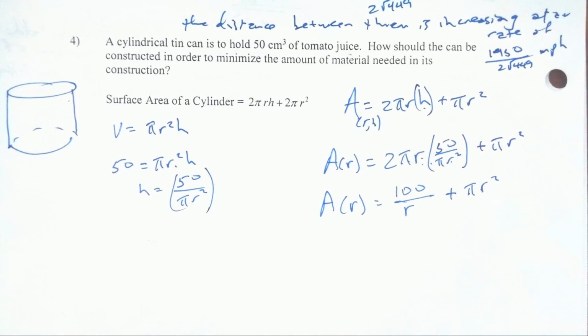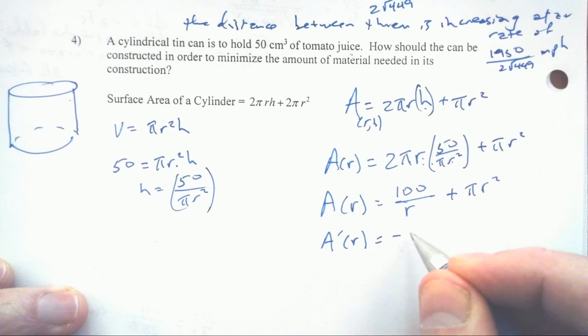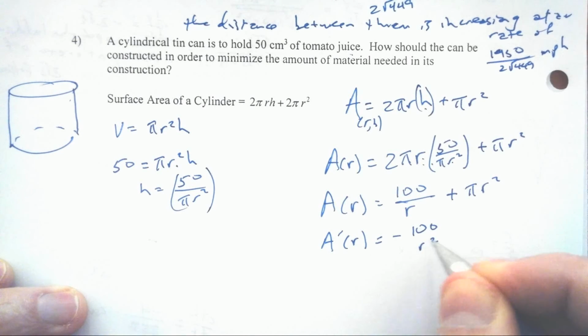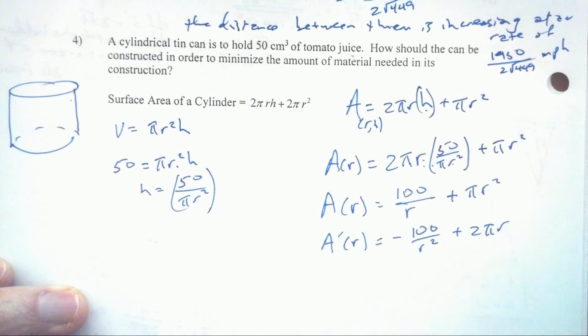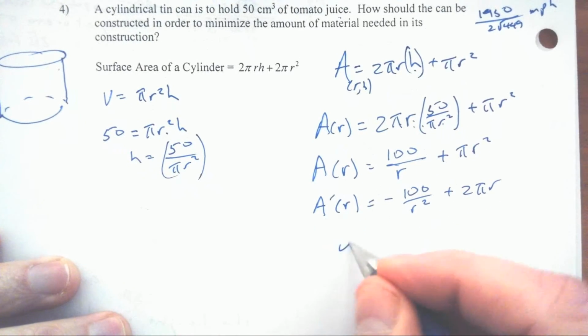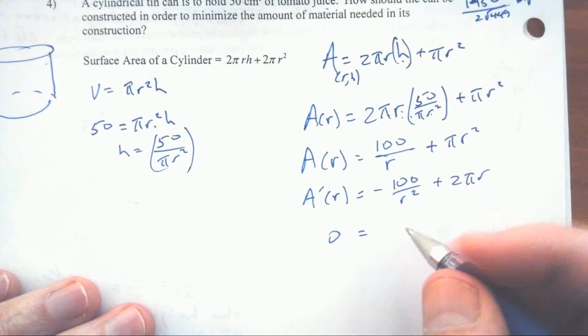That's the area. I want to minimize area, which means I want to find the derivative: negative 100 over r squared, we've done that type of thing a lot, plus 4 pi r, and I want to set that equal to 0. Because when a function's derivative equals 0, those are points where we might find maximums or minimums.